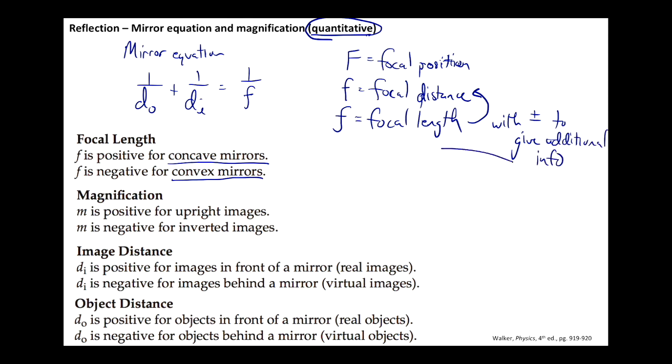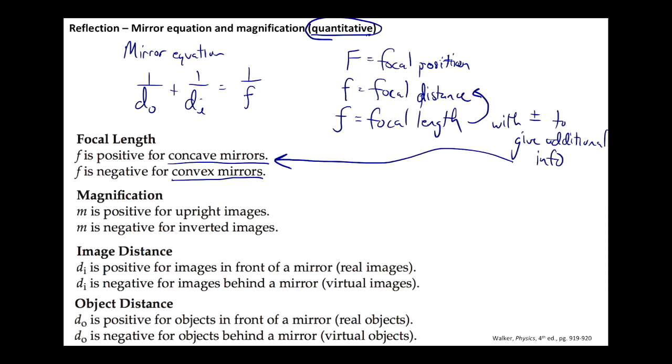And you can see that if it is positive, you know you have a concave mirror, and if it's negative, it's a convex mirror. So you'll have to put in the positive or negative if you know what type of mirror you're using, or maybe if you know where your object and image are located, whether this solves for a plus or minus tells you what kind of mirror is involved. Okay? So there's additional information hiding in the sign.